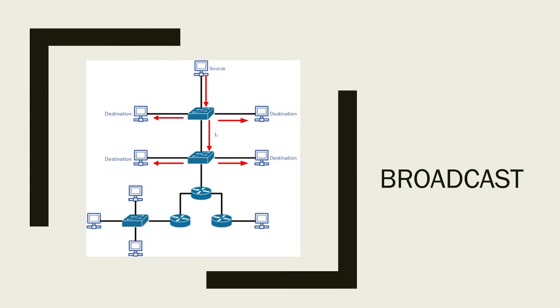So that's Unicast. Now, looking at the other type of data flow that we mentioned, which is broadcast. In this situation, you've got a source and it's trying to broadcast across this layer 3 domain. All of these end devices are going to receive that. Yes, only one copy of that traffic is sent from the source towards the switch, and the switch then forwards it on, and so on if you had a wide layer 2 network.